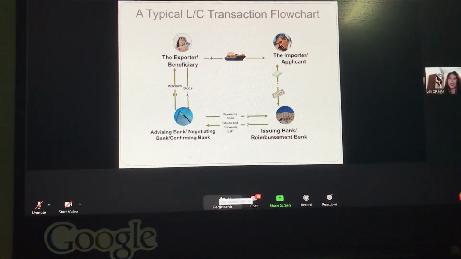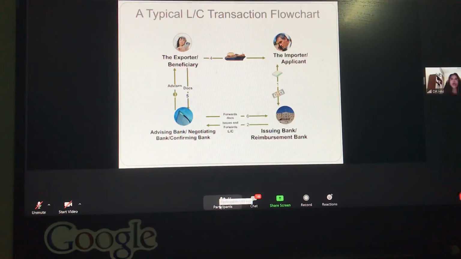Before step number 6 means before receiving payment from the receiving bank, right? Before receiving the documents from the receiving bank. So imagine the nominated bank pays the exporter. It is called negotiation, chiết khấu.